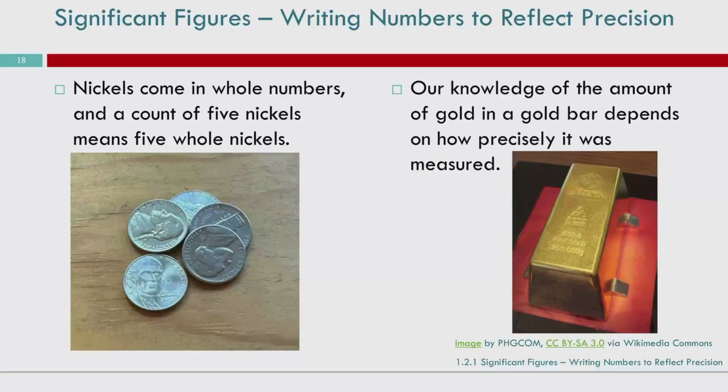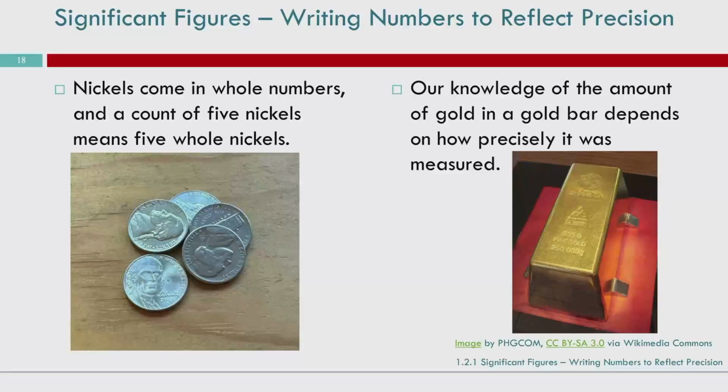On the other hand, if you have this bar of gold also at my house, this giant 250 kilogram bar of fine gold, if I tell you that it's 50% gold, that's not as impressive. It's still a lot of gold, but it's not as impressive as saying it's 99.99% gold, right?